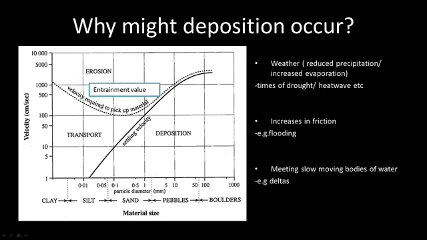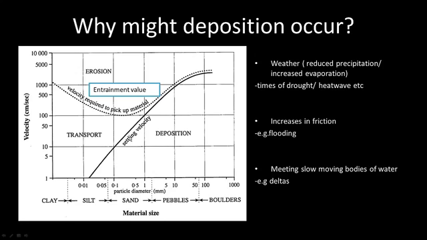This line here is the entrainment value, and it's the velocity required to pick up the material. So for example, for sand, a small piece of sand, 0.1, it would need to be travelling at 100 centimeters per second to be able to. It might need to be travelling faster, but it has to be a minimum of 100 centimeters per second.